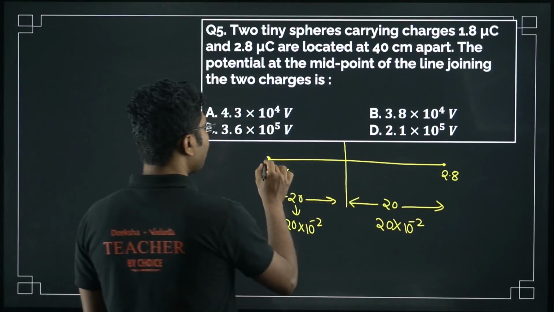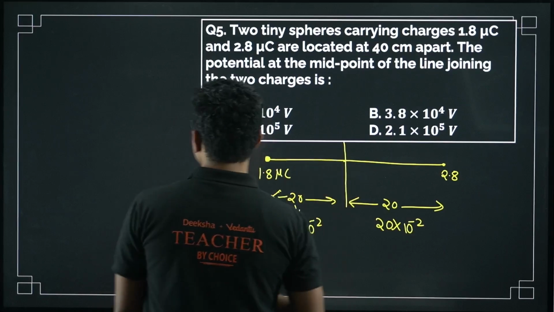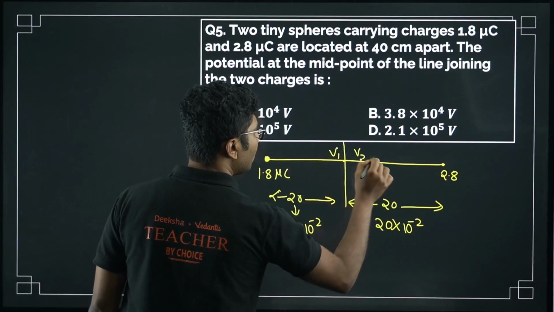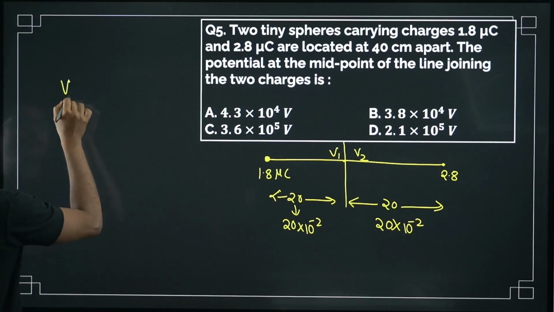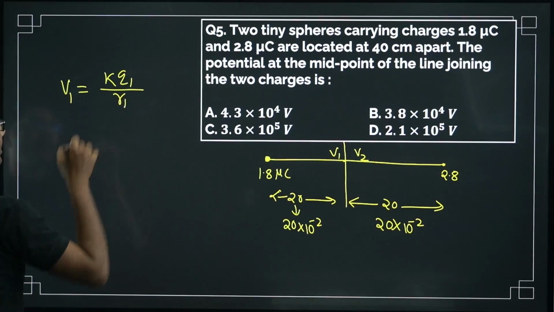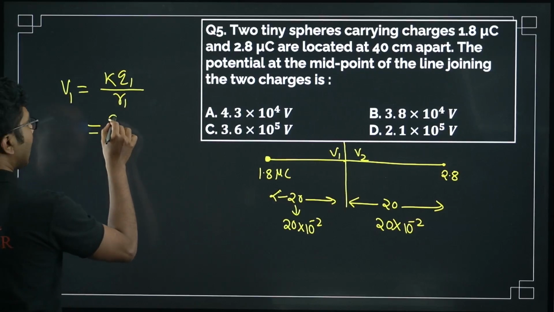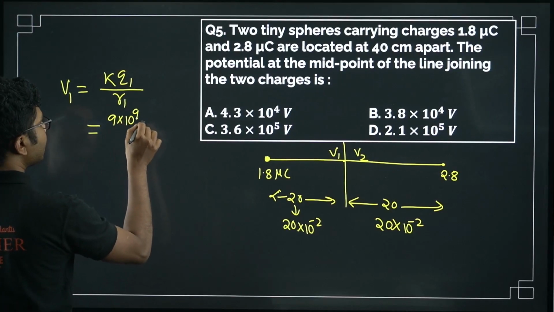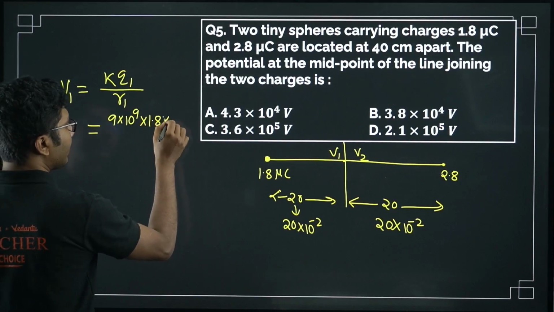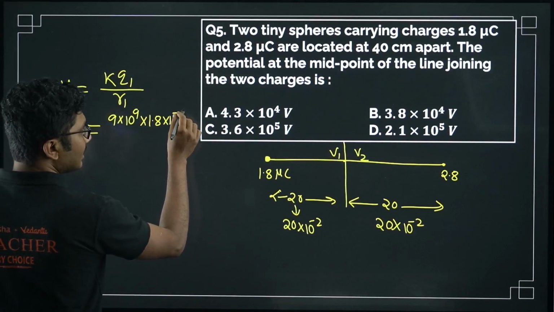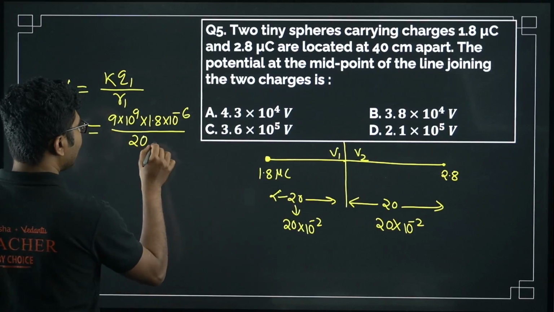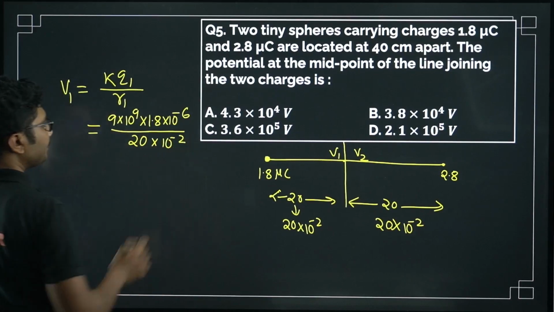So what is the electric potential due to each charge at this point? Say this is V1 and this is V2. Potential V1 is KQ1 by R1. K is 9 into 10 to the power of 9, Q1 is 1.8 into 10 to the power of minus 6, and R1 is 20 into 10 to the power of minus 2.